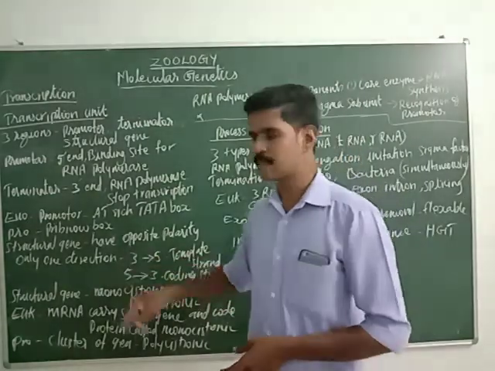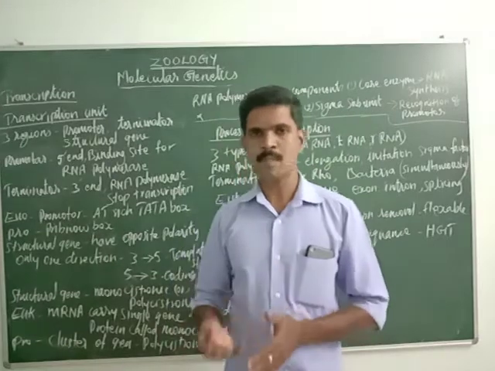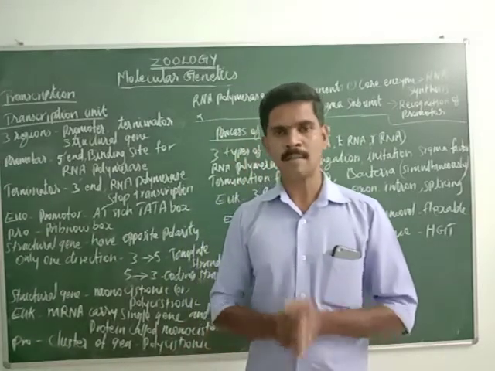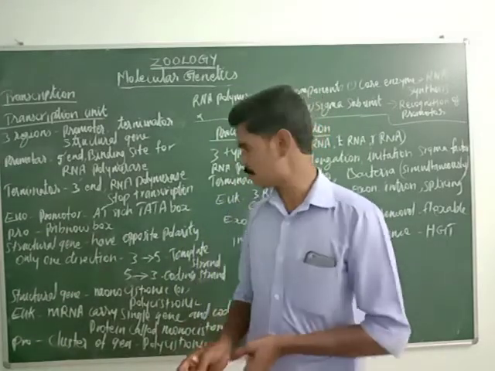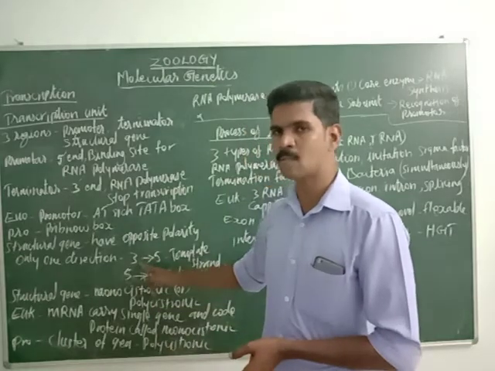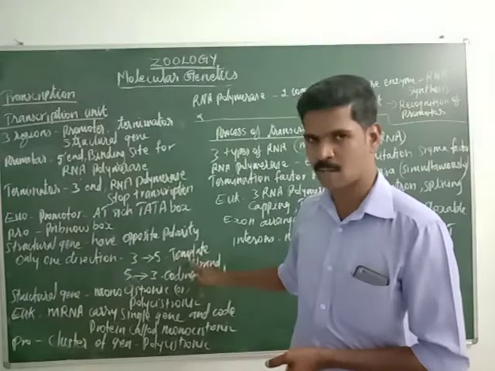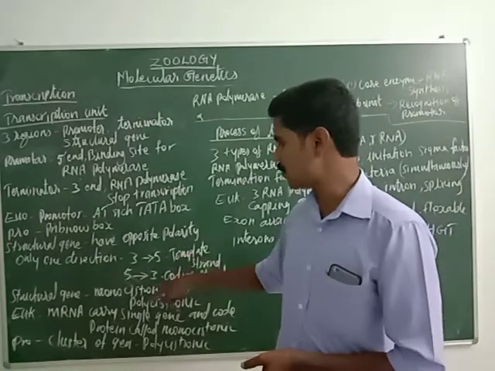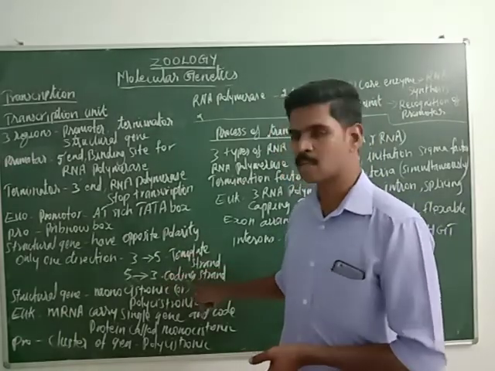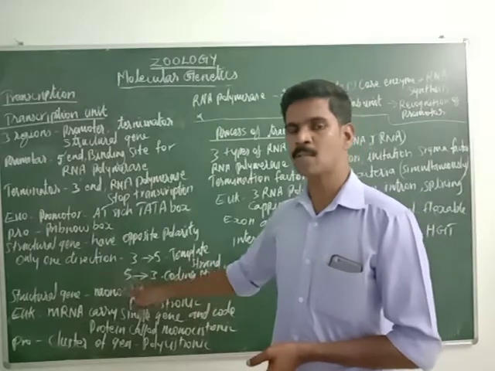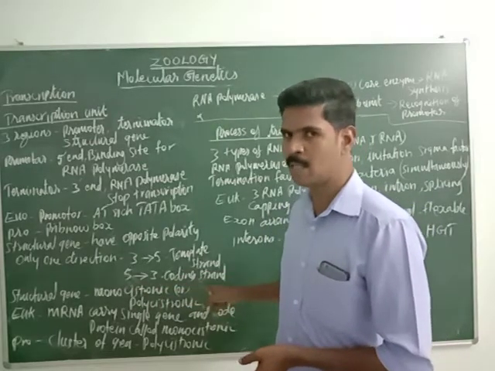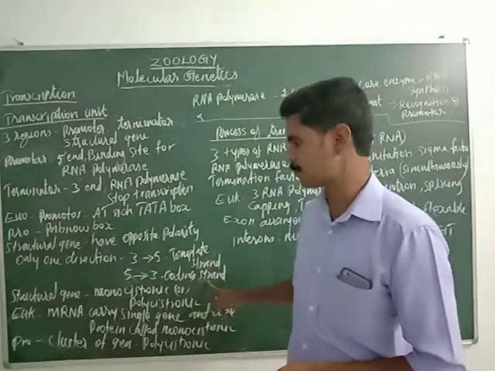So the structural gene has opposite polarities, and the transcription process always takes place from the 3' to 5' end. Hope you all understood this point.